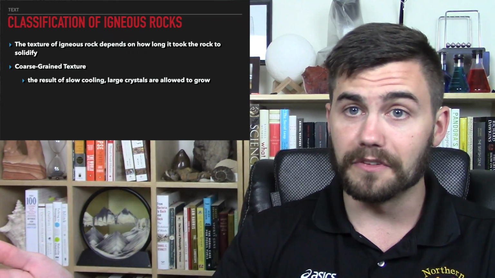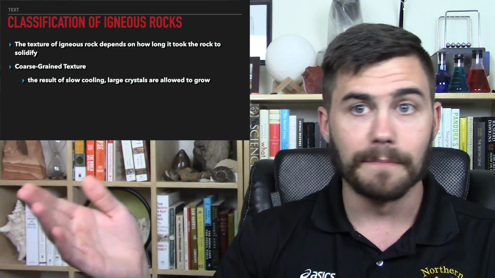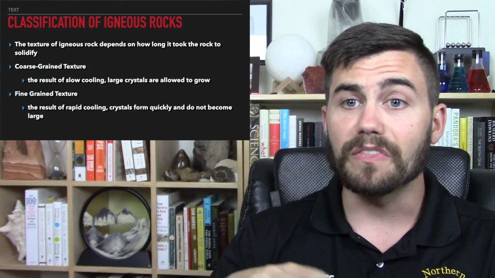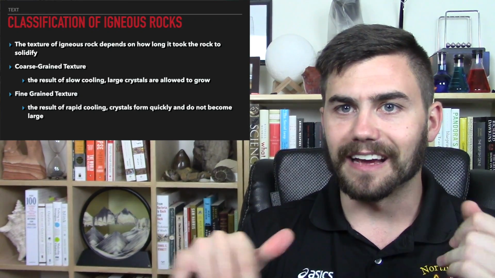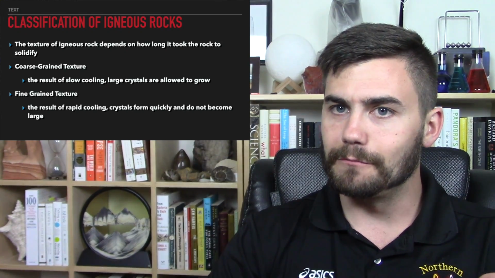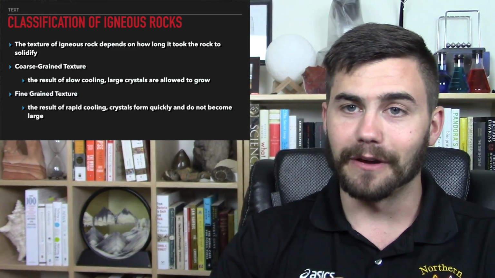But it can take hundreds of years for a quartz crystal to grow to be a few millimeters wide, for example. The fine-grained texture, they're not going to be smooth like a countertop or something that's polished, but there's a really easily noticeable difference in texture between fine-grained and coarse-grained.